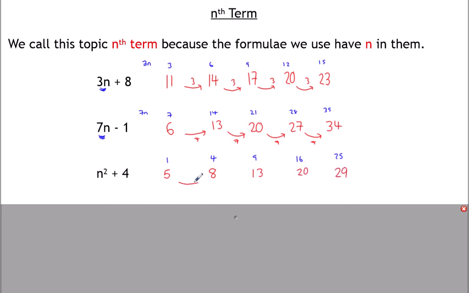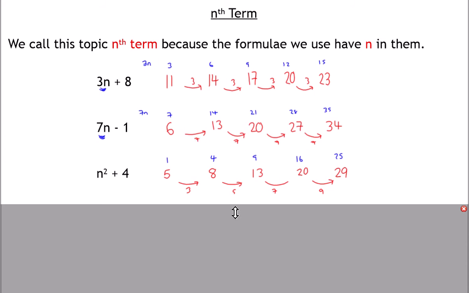If you look at the gaps, it goes 3, 5, 7, 9. So it's definitely not a times table, because the whole point of times tables is that they go up by the same amount every time. So look out for n squared ones. Not a times table, you have to know your square numbers: 1 times 1, 2 times 2, 3 times 3.